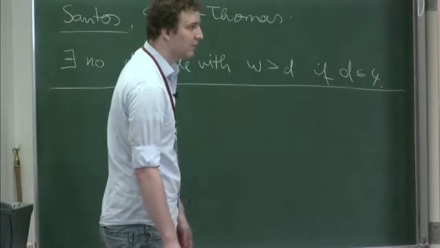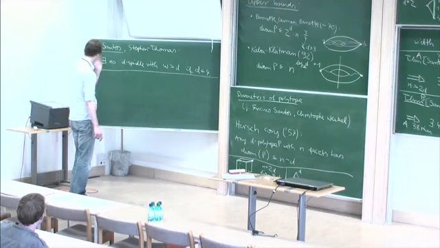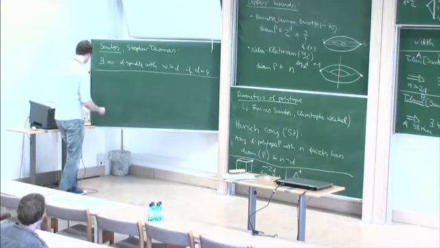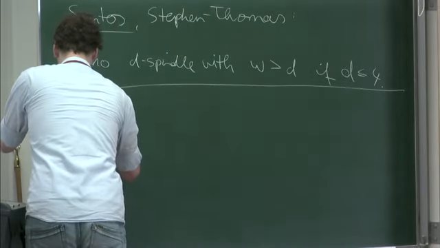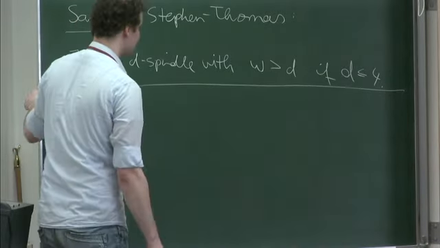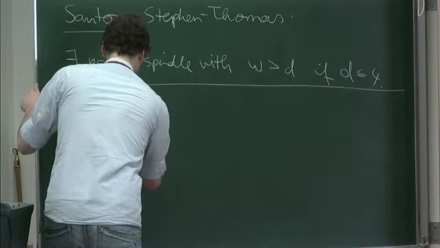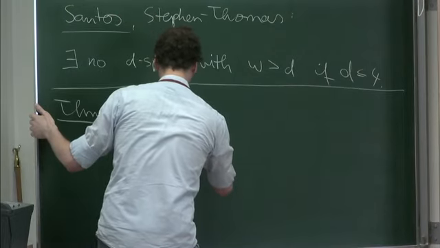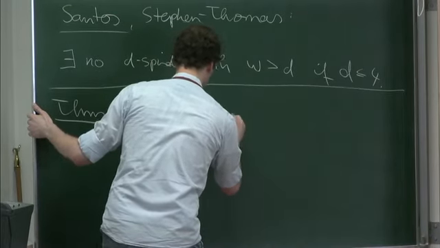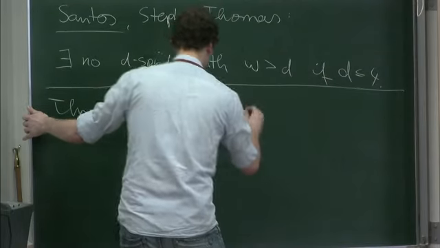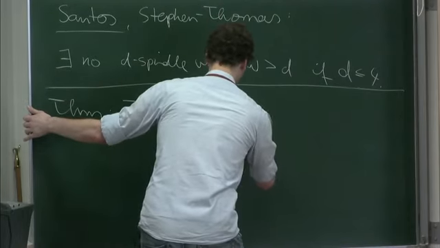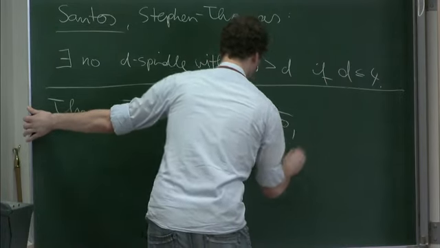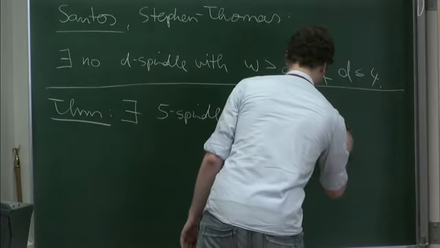And basically, we have 2 theorems. The first one is that there exists a 5-spindle with 25 facets, and width is 6.